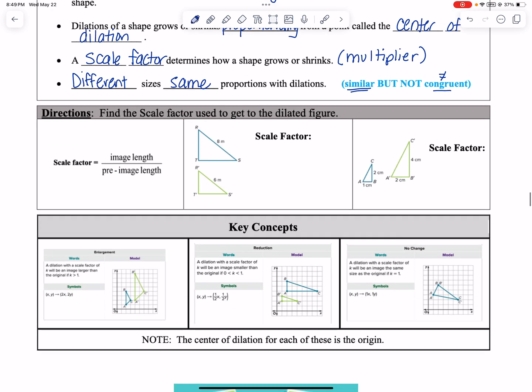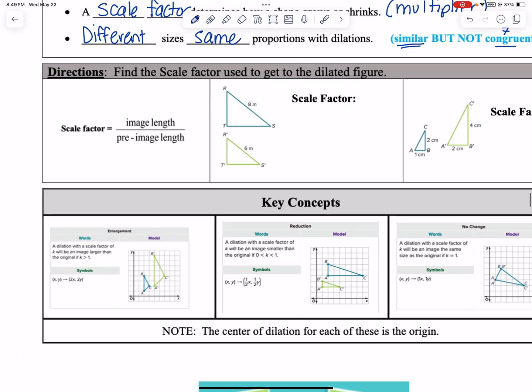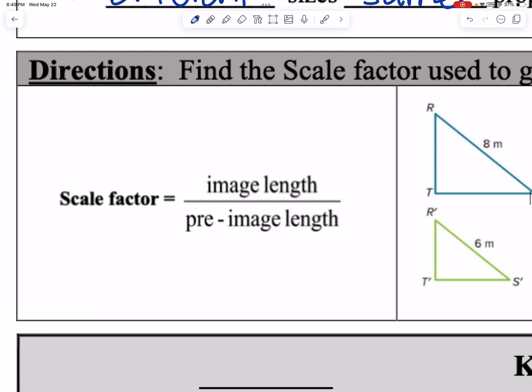All right, so how to find the scale factor. This is something you're familiar with. We're actually going to do it differently right here. So we have our pre-image, and we're wondering, what do we multiply by to get the image, or our P prime? And so, of course, to figure this out, if we are going to solve for x, let's pretend that our scale factor was s or x, whatever that is.